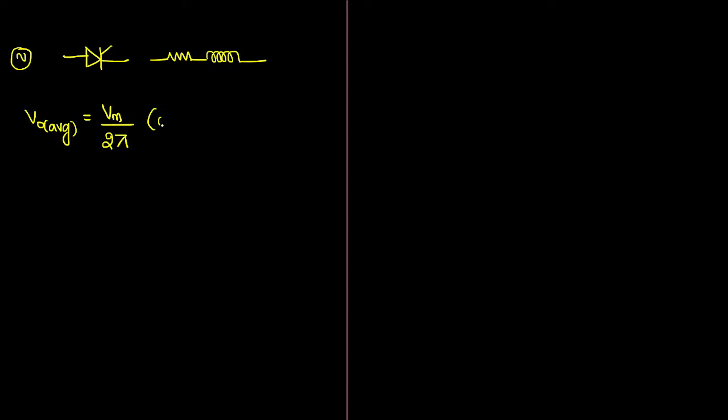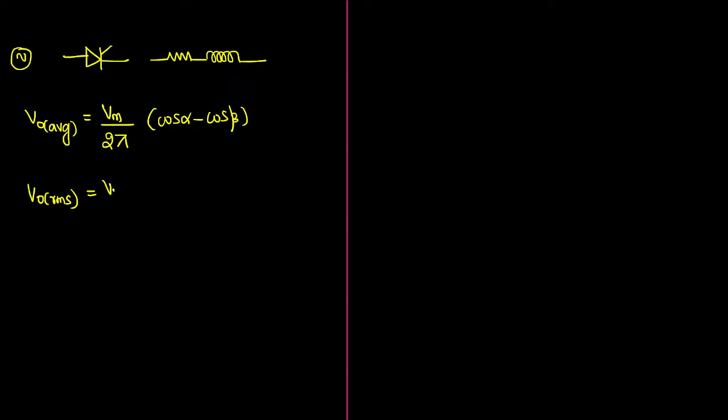The Vm by 2 pi formula is what? Cos of alpha minus cos of beta. So this is the formula to explore the value of V naught, the average output voltage. Now you can also explore the value of V naught RMS. Guys, here I am bringing only the important parameters. I am repeating, I am not going to write all the expressions for everyone. The remaining things you can see in our notes.